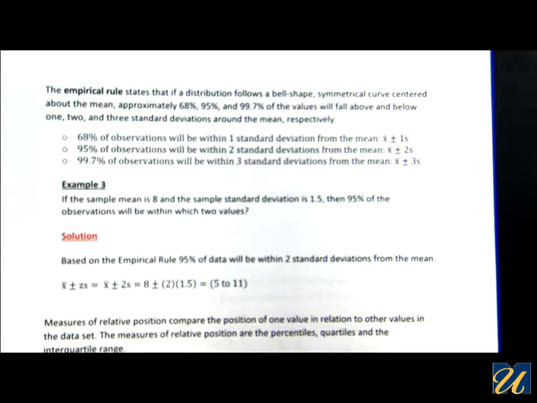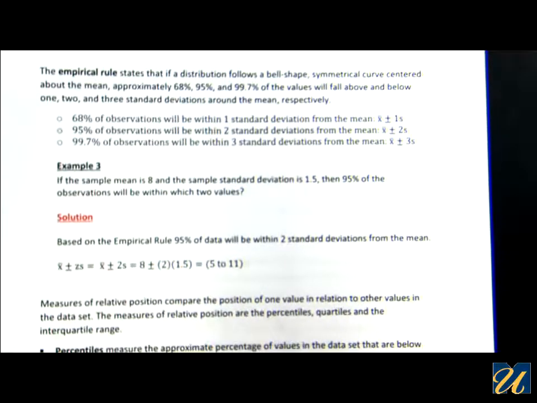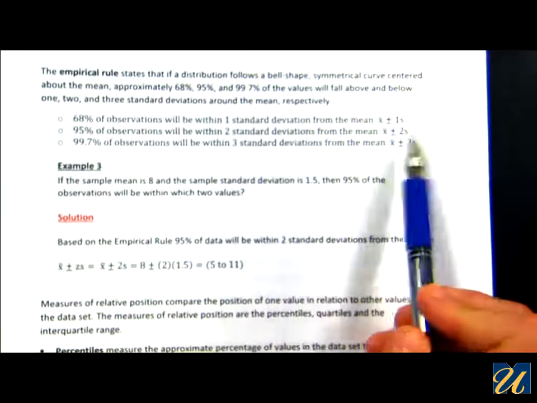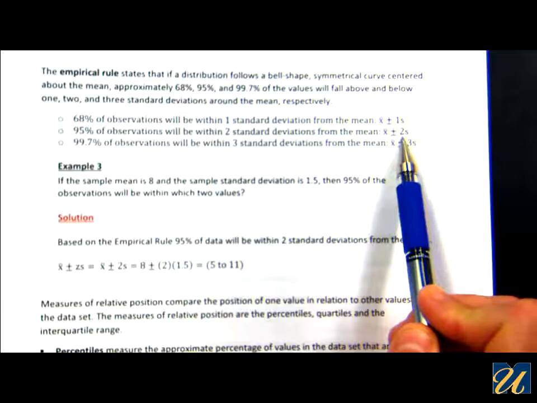Let's look at this example. If the sample mean is 8 and the sample standard deviation is 1.5, then 95% of the observations will be within which 2 values? Of course, given the fact that our distribution is bell-shaped, follows normal distribution, 95% is 2 standard deviations from the mean.